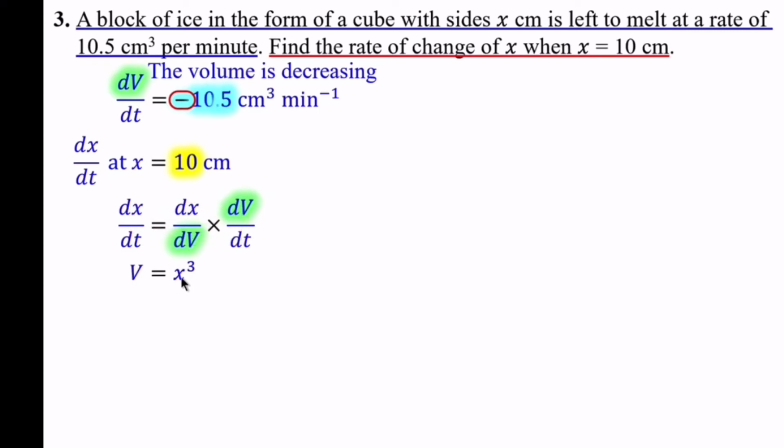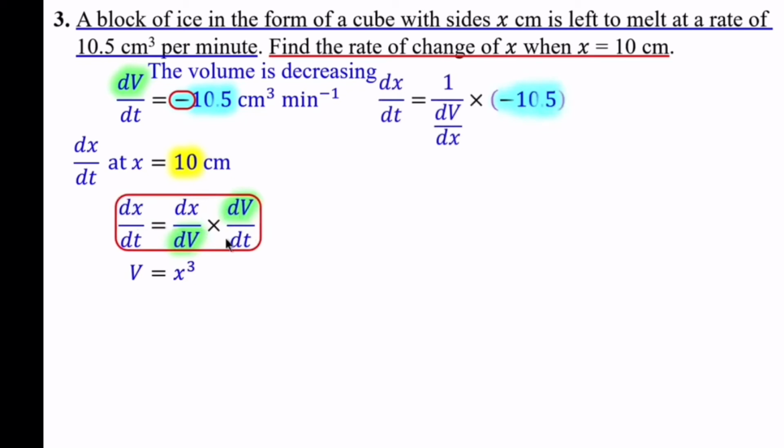But we need dx/dV, so we have to invert dV/dx. dx/dt is 1 over dV/dx times negative 10.5, and dV/dx is 3x squared.